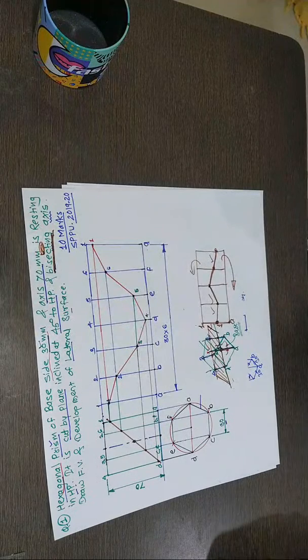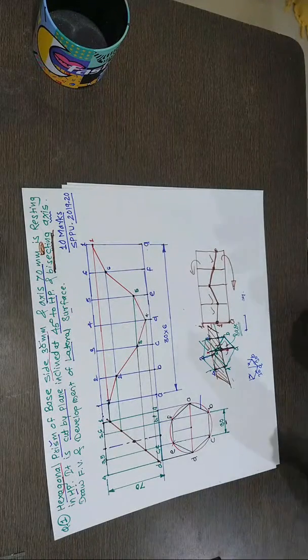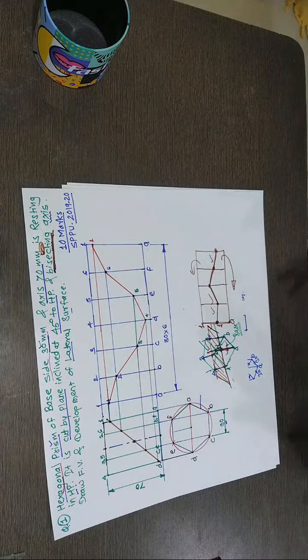I hope you are following me now. Just go through it, recap if you want, recap and check it. This is a hexagonal prism. Any other shape also you can draw, pentagon, square. They are very basic and simple compared to this.